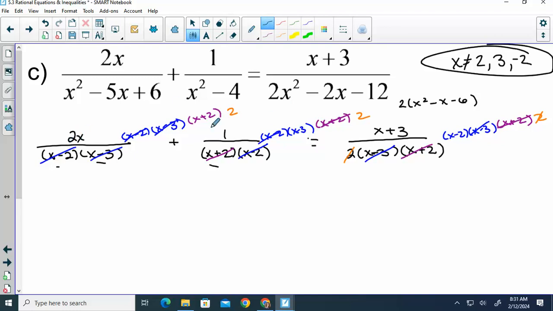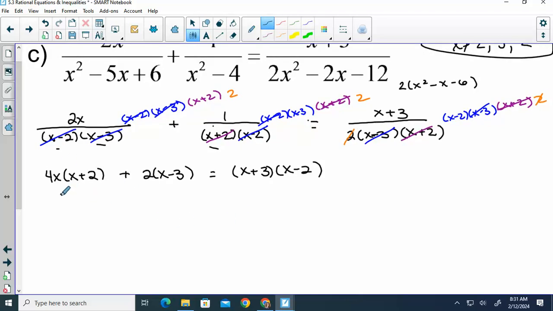So we have, let's see, 2x times 2 would be a 4x times the x plus 2. 1 times 2 would be 2 times the x minus 3. And over here we have x plus 3 times x minus 2. Now we start multiplying out.